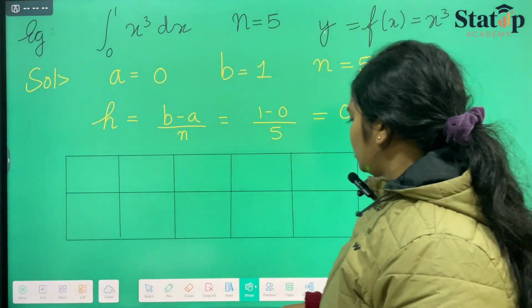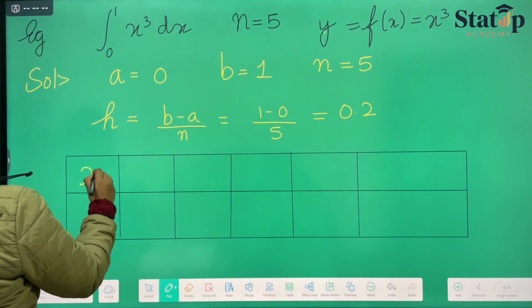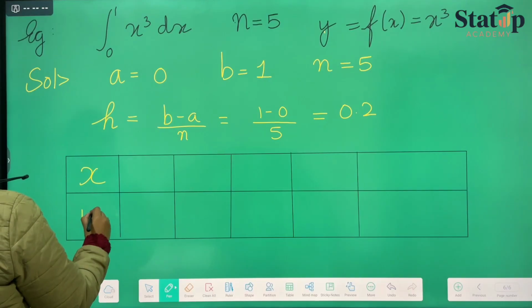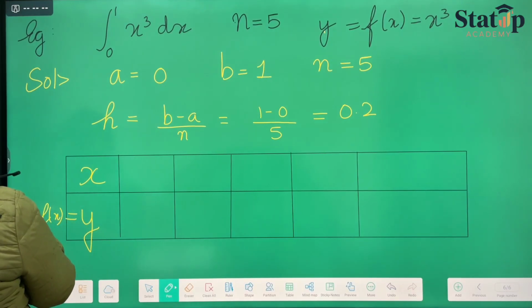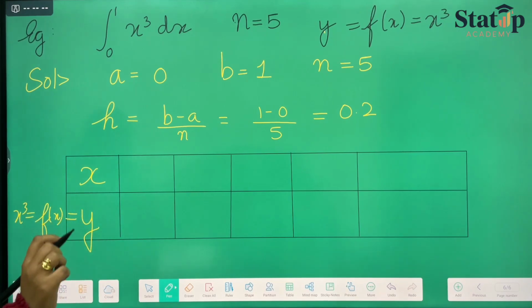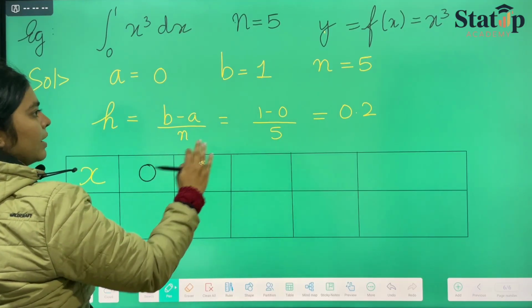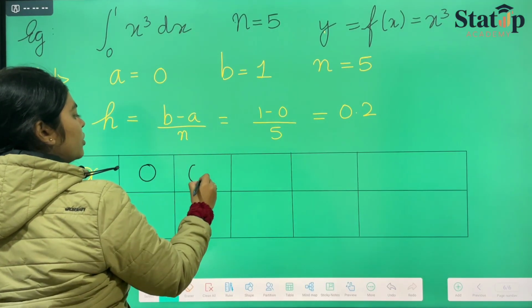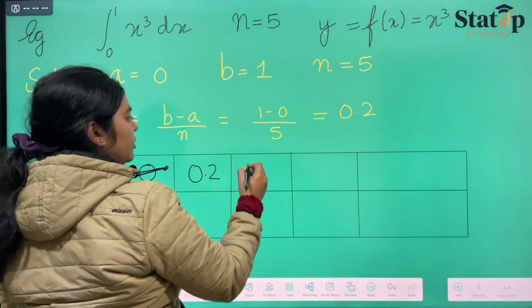Okay, so here let us consider x and y. Y is nothing but f(x), which is x cube, as we all know from the above. So for x, we have to start from 0, and the difference should be 0.2. So it will be 0 plus 0.2, 0 plus 2 into 0.2.